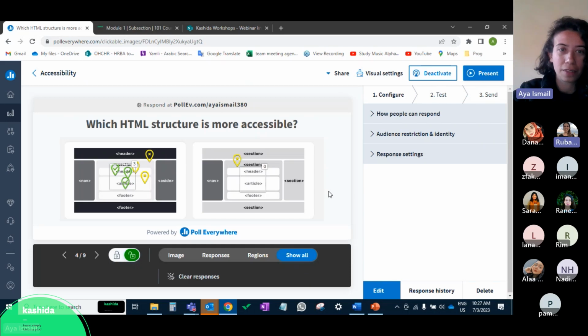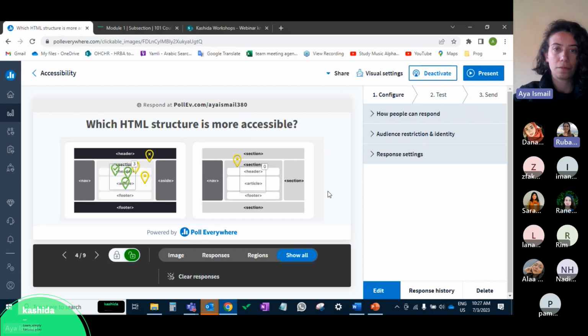Can I also add to that? Yeah. The reason I chose the right one is that when we consider the space where we're accessing information as a full space, like a big room, there's a user interface. There's an aspect of designation of spaces where the section structure is clear, and then the content itself has header, article, footer.